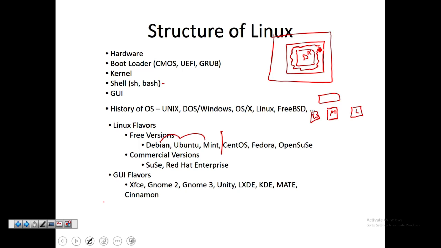So my personal favorite is Linux Mint, with the default GNOME 2 Mate interface. So Mate is based on GNOME 2. So it's actually Mate. I should probably come back here, that one.